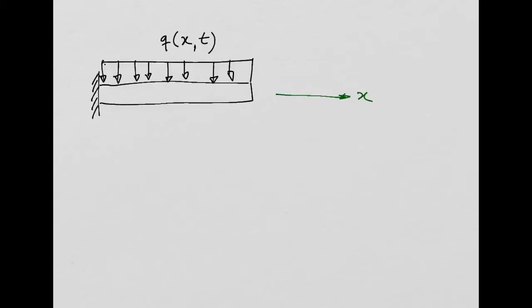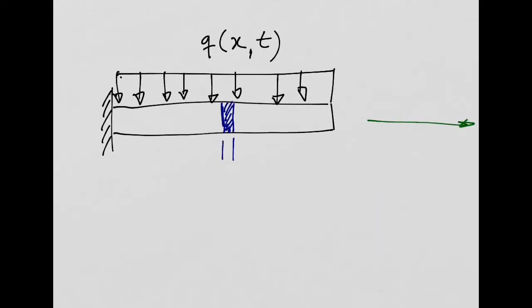What we are going to do now is focus on an infinitesimal element of this beam. Let's say this very small element of the beam with an infinitesimal length dx, right? We are going to zoom in into this element and write what the forces and moments are, and then use the equilibrium equations, something you learned in year 1, to obtain the equation of motion.